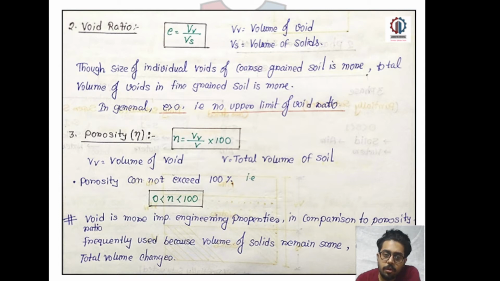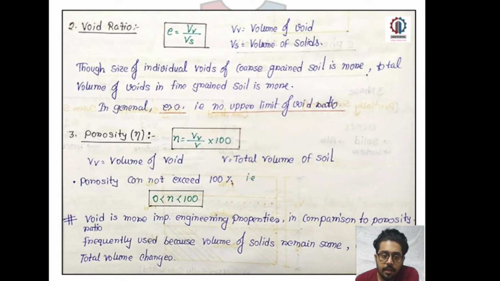A certain volume of container is present to you. Now you pour a certain volume of coarse grain soil there. Again you pour a certain amount of fine grain soil, that means clay, silt, in that container. Now, in which case is the number of particles more?